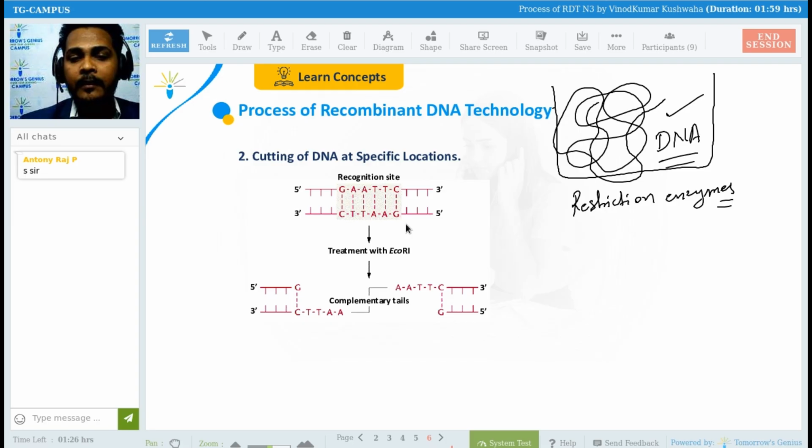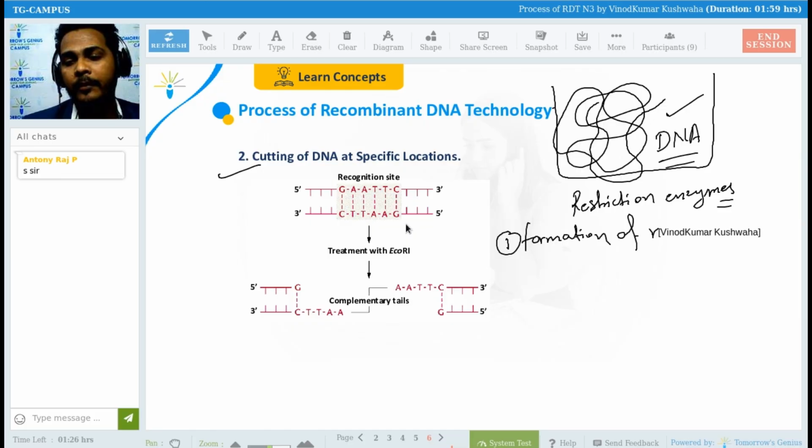So after cutting, the next step is formation of recombinant DNA. How does this recombinant DNA, or rDNA, form?